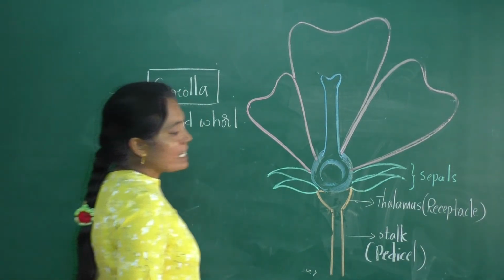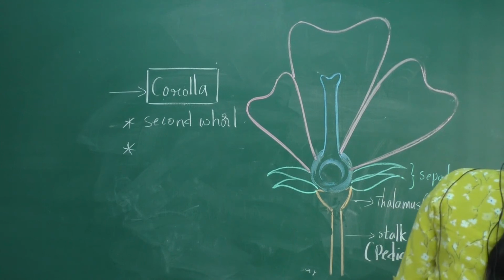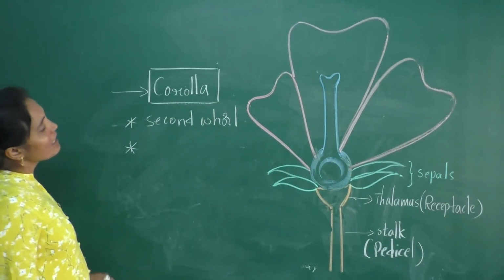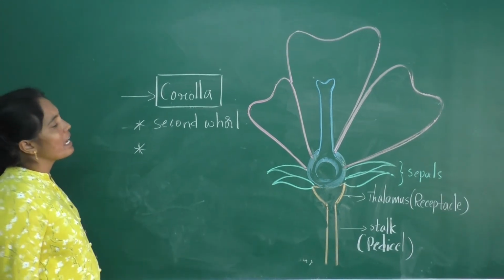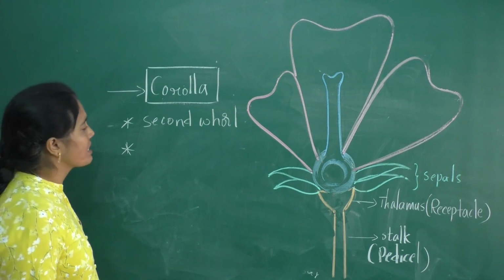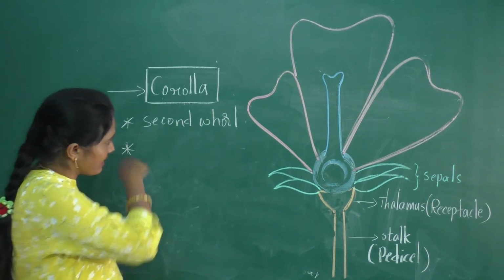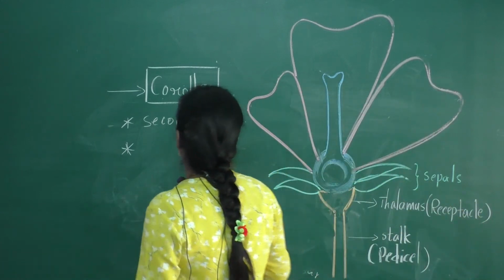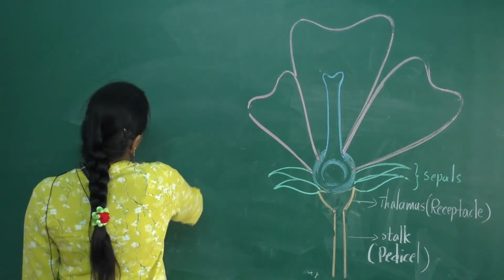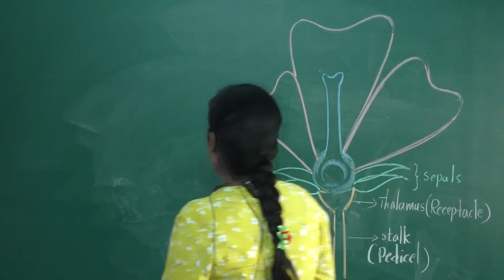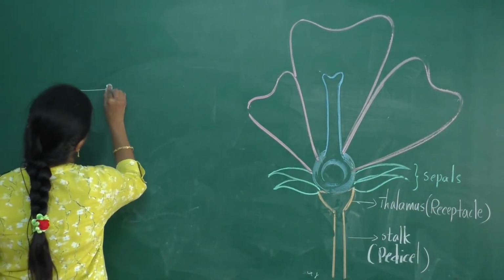So, what is the function of this corolla or petals? Being colorful, these petals are helping in pollination by attracting the insects. This is the function of the petals. What is the next whorl? Next whorl is androecium.